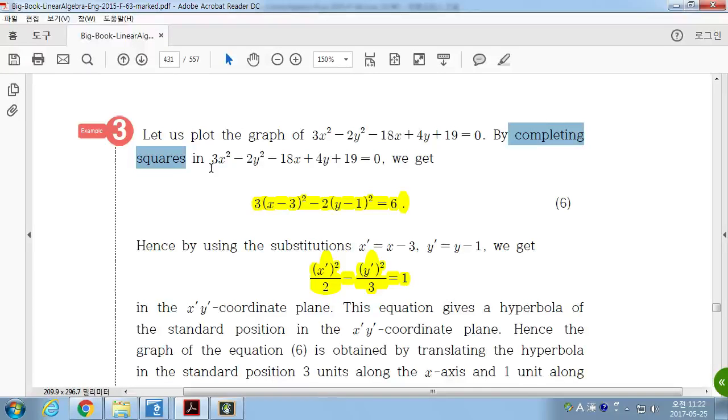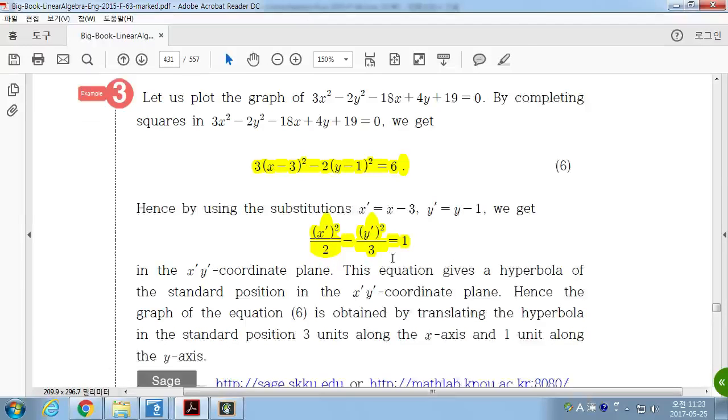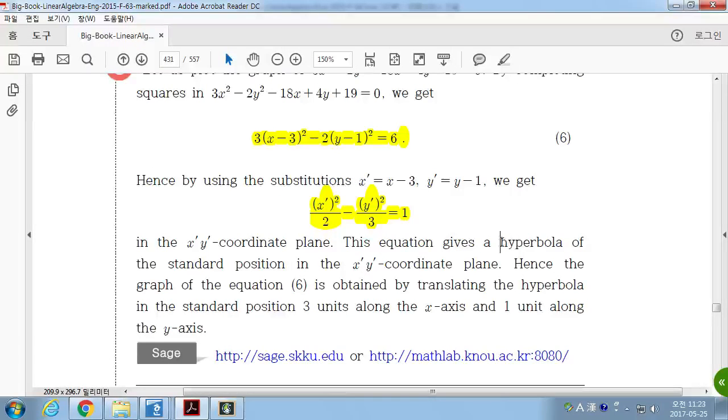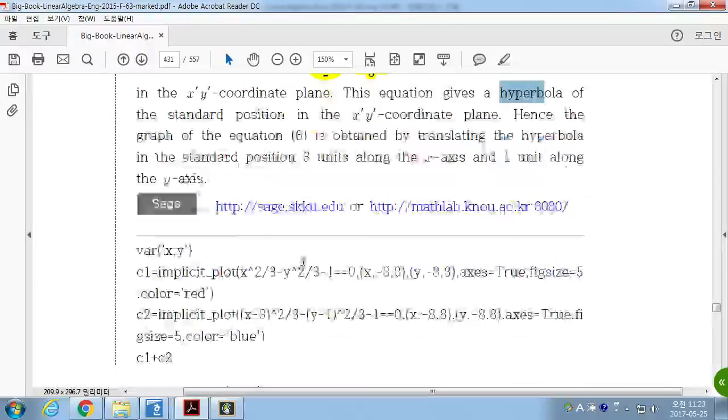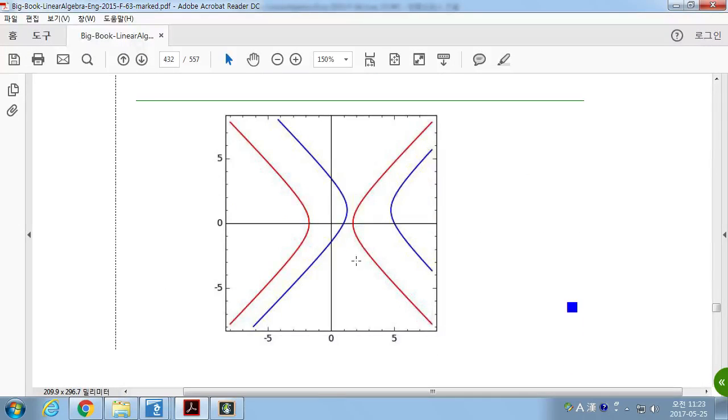Then if you substitute x minus 3 as x prime and y minus 1 as y prime, in the new x prime, y prime axes you have this equation in the standard form. So this is what? This is a hyperbola. The example.